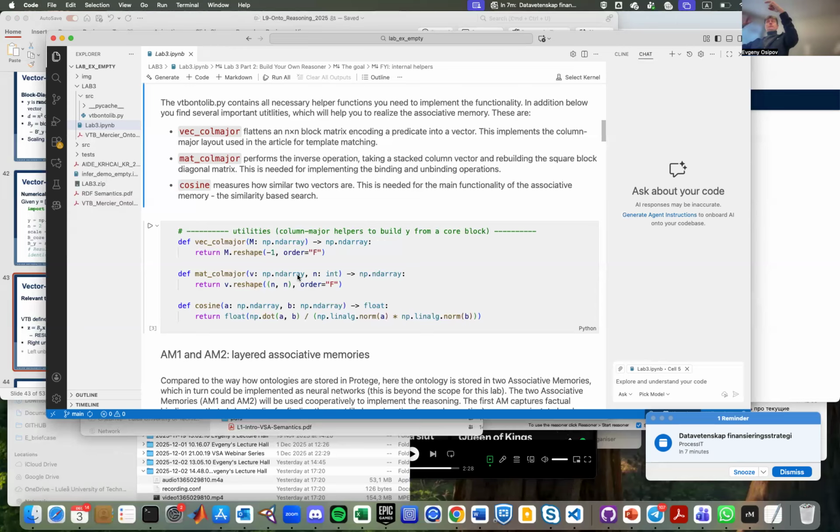And by doing this, like in a classical programming way, this indexing is called associative memory.